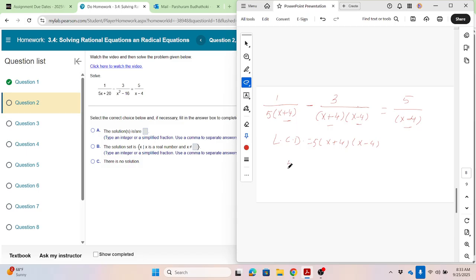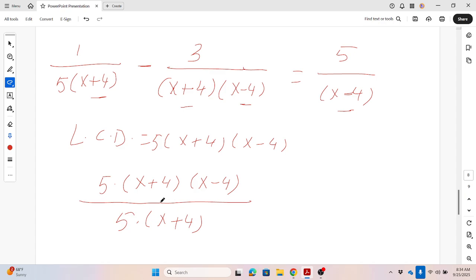So that would be 5 times x plus 4, x minus 4, divided by 5 times x plus 4. Remember, we can multiply both sides by the same thing. And that's what we're going to do. We're multiplying this by LCD, this by LCD, and this by LCD.